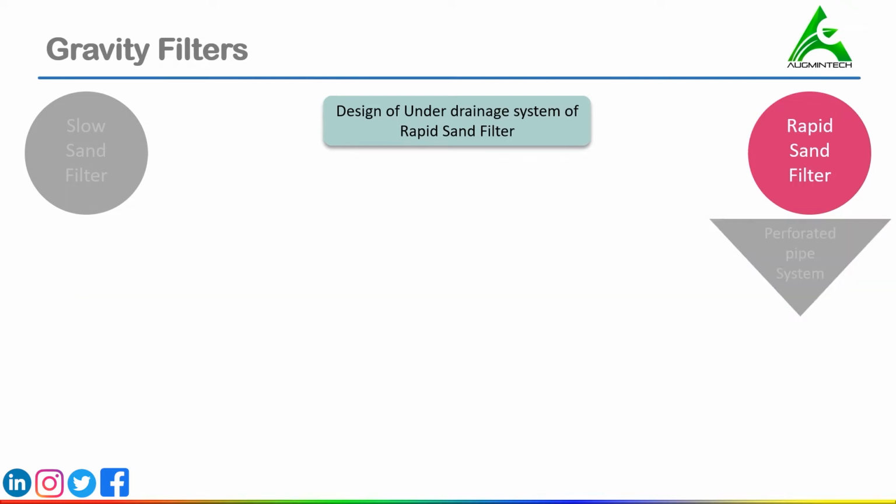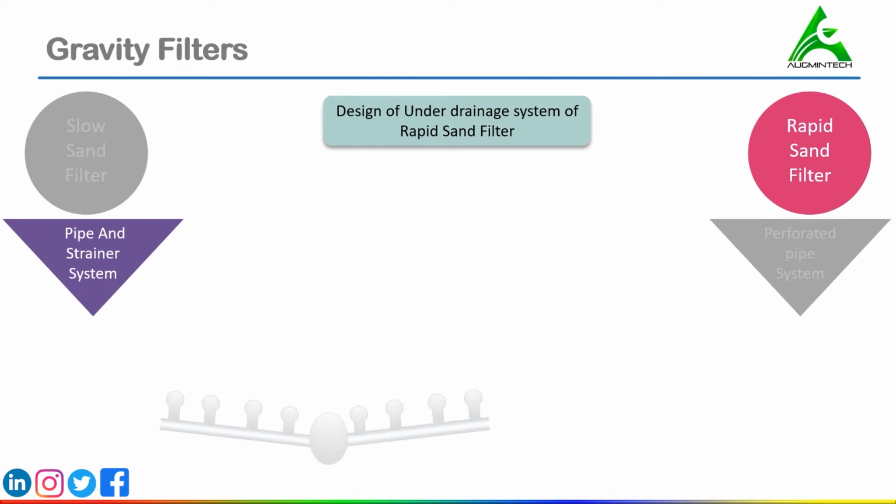So we have another type, that is the pipe and strainer system. In this system also we have a central drain or manifold with lateral drains attached to it on either side. In this system, holes are drilled at the top of the laterals and each hole is provided with a strainer.